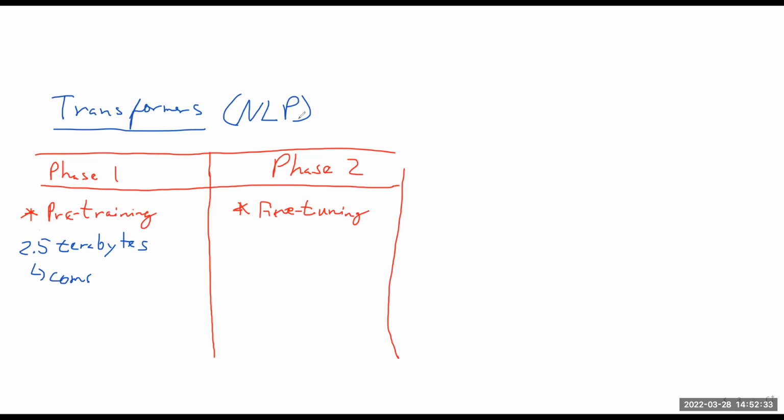A common crawl is the term given to a crawler that scrapes the web, for a specific set of text. So for instance, one of the transformers, RoBERTa, I think, is it XLM? I'm not sure. One of these versions, which is a BERT transformer, was trained on 2.5 terabytes of data.